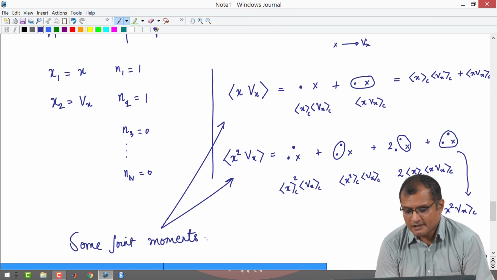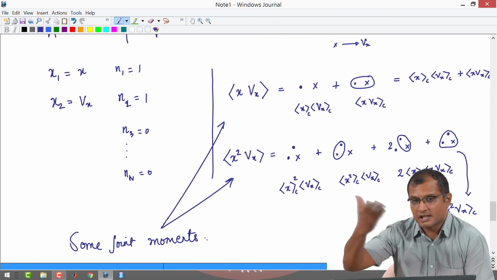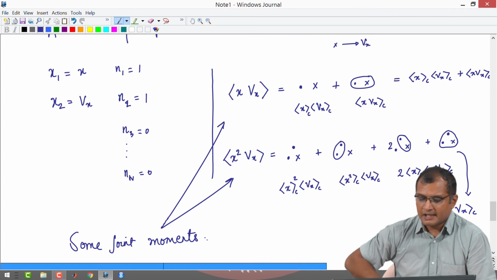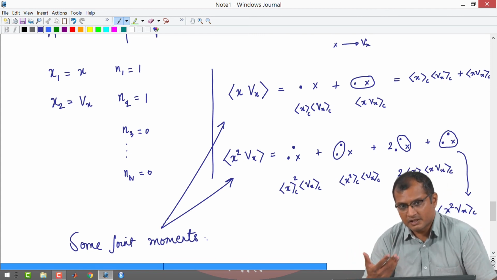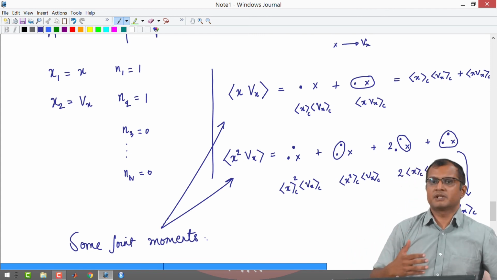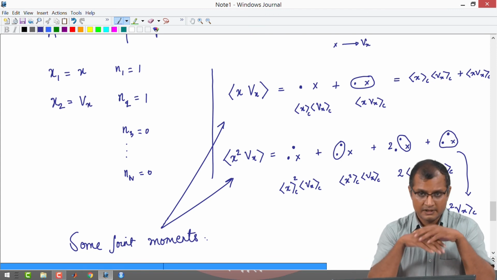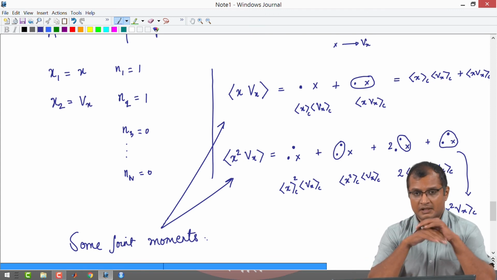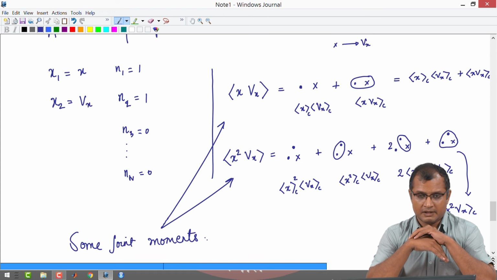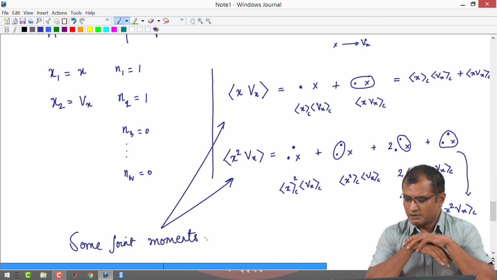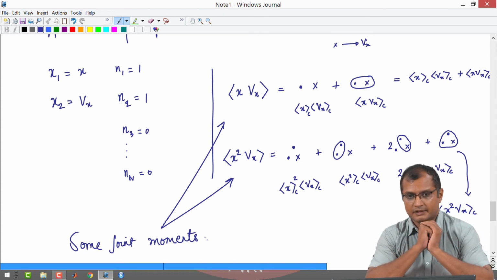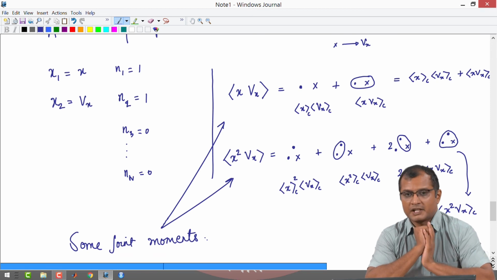If you leave a system isolated for a long time, the system will always proceed towards the direction of maximum entropy, and because the Maxwell-Boltzmann distribution is a distribution of maximum entropy, you always find equilibrium isolated systems under such a distribution. So we will discuss this in the next class and do some nice problems on this.